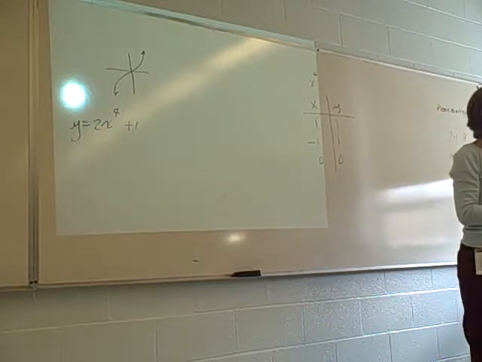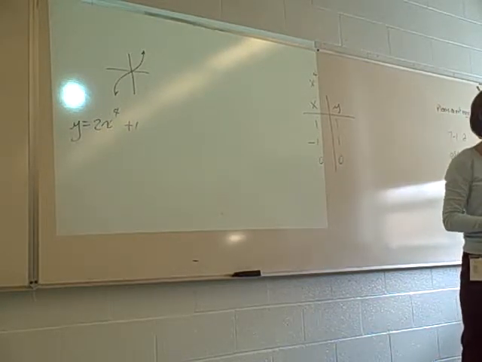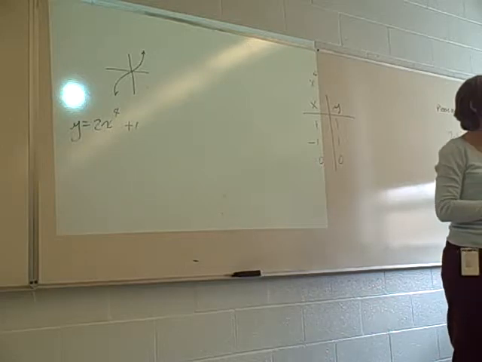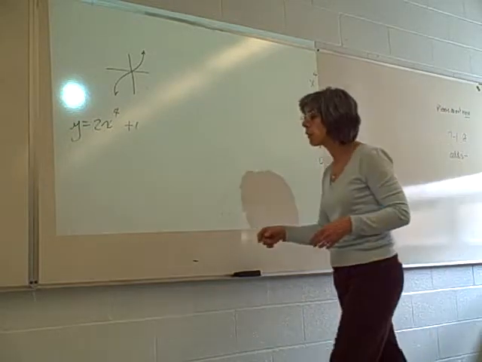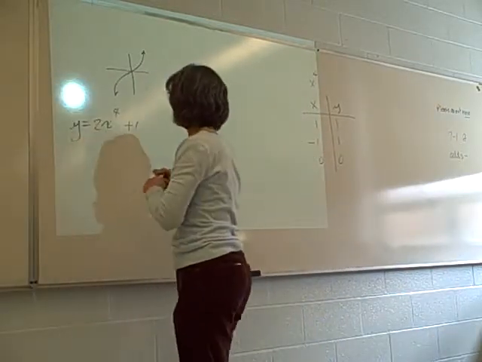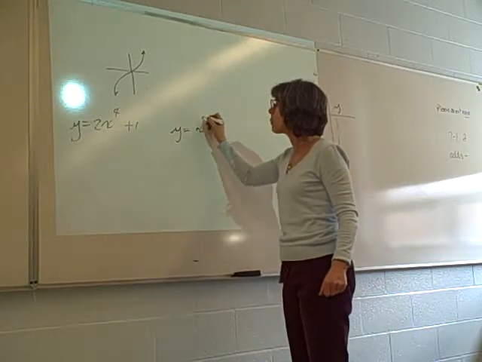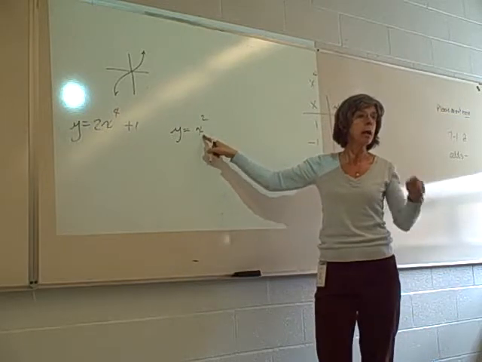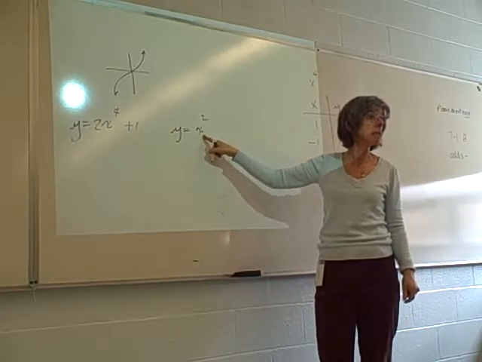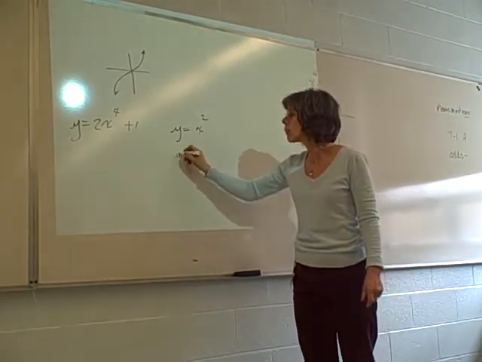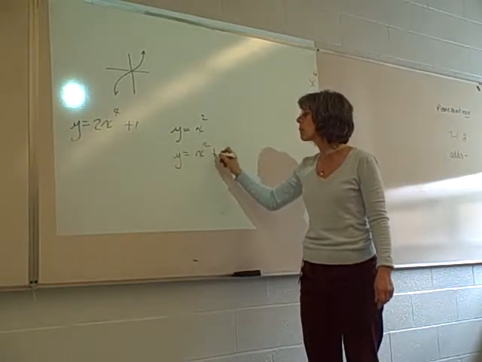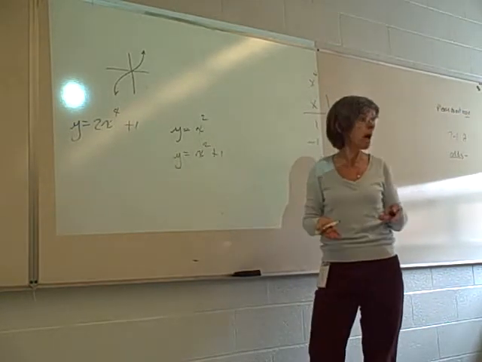Okay, does that remind you of something? Is this any different than when we did h, k? Exactly. If we had y equals x squared, we would know where the vertex is. If we said y equals x squared plus 1, what do we know happened?